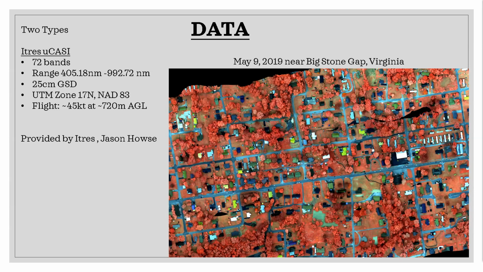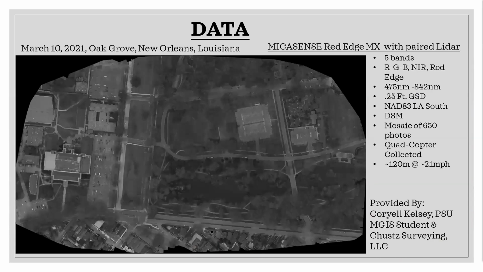The next image that I have was taken by a fellow Penn State MGIS student, Coriel Kelsey, last month out in Oak Grove, which is just outside of New Orleans, Louisiana. He did it using a MicaSense Red Edge MX, and it is also paired with LiDAR.